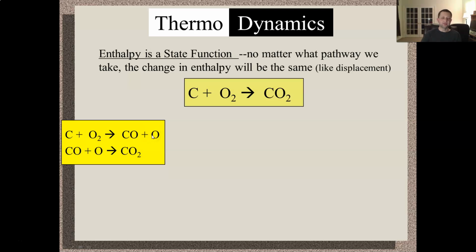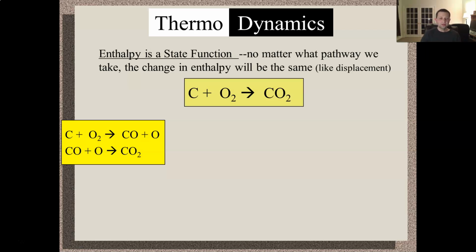And then we would move on to the second reaction to take our carbon monoxide plus our monatomic oxygen to create CO2. All right. So if you look at what's happening here, we have carbon plus oxygen ultimately producing CO2, but it's in the form of a two-step process.